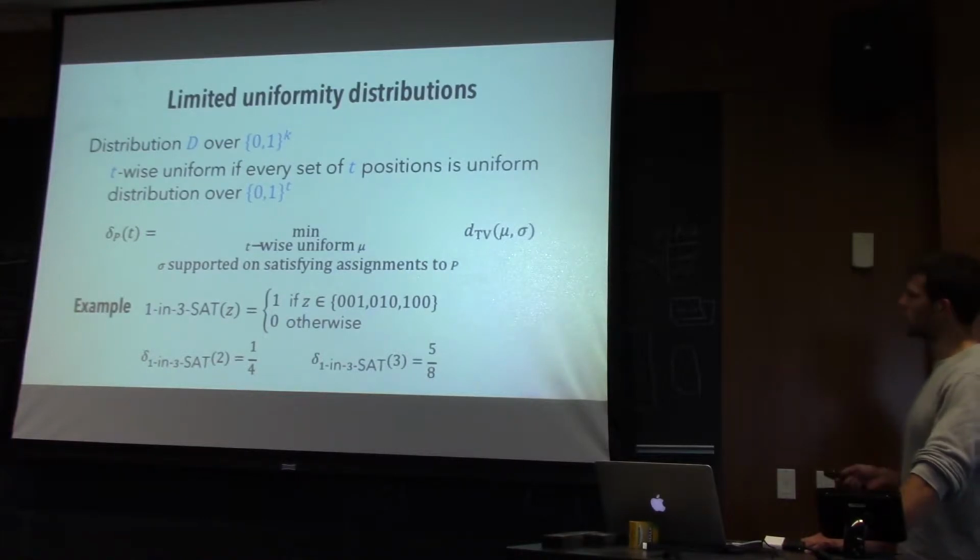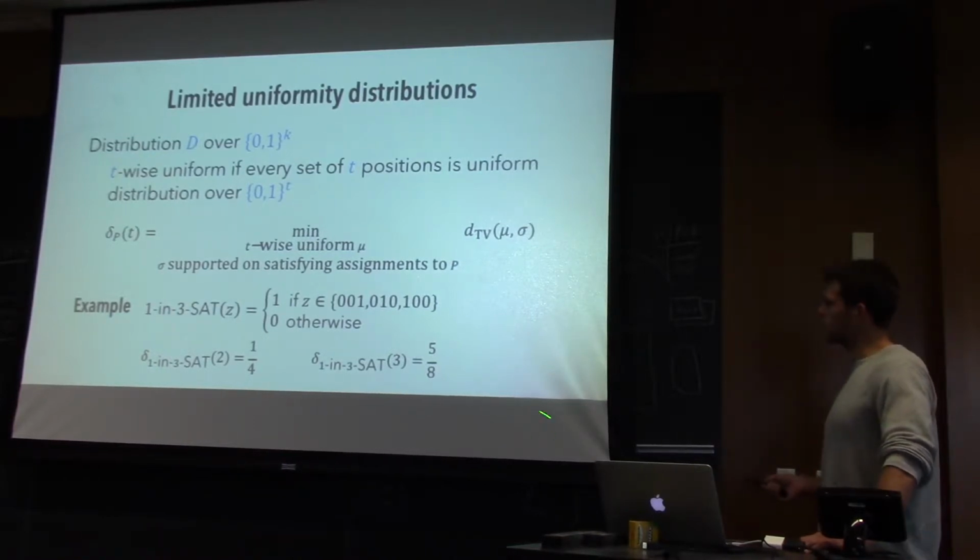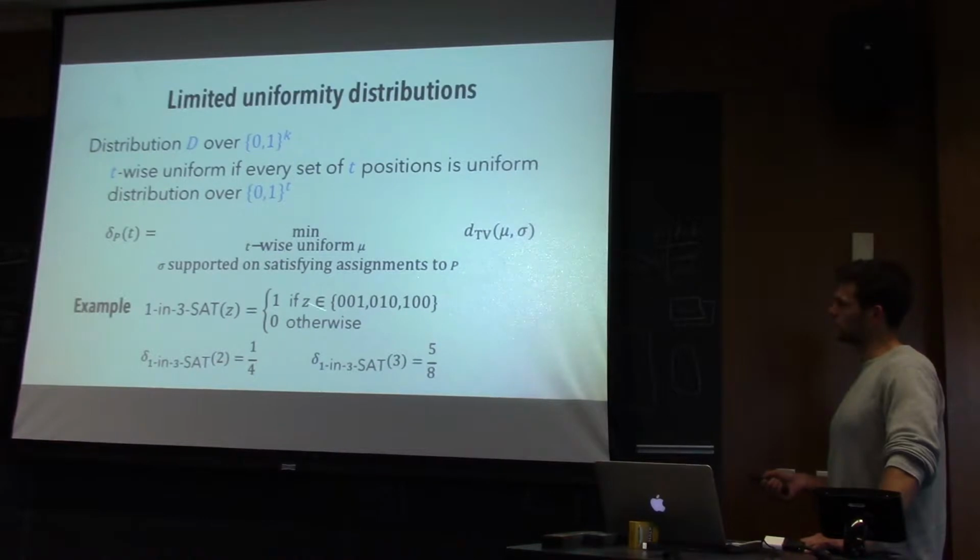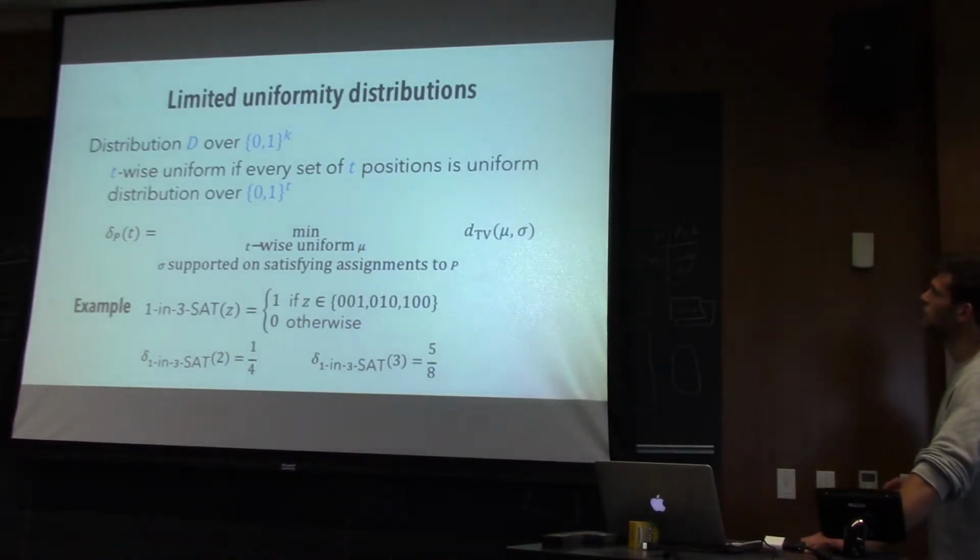And that's a quarter off because it puts a quarter of its mass on 1,1,1. And then you're 5/8 distance away from supporting a 3-wise uniform distribution, which is just the uniform distribution over 3-bit strings. The fraction of 3-bit strings that satisfy this is 3/8, so this is where the 5/8 comes from. All right, does this make sense?